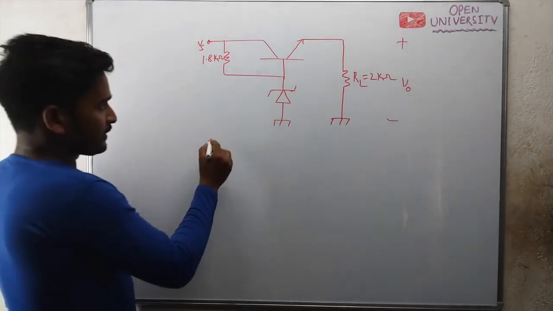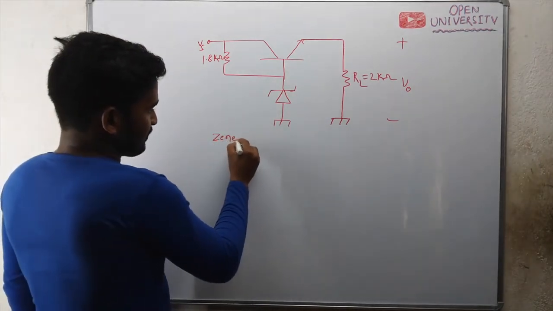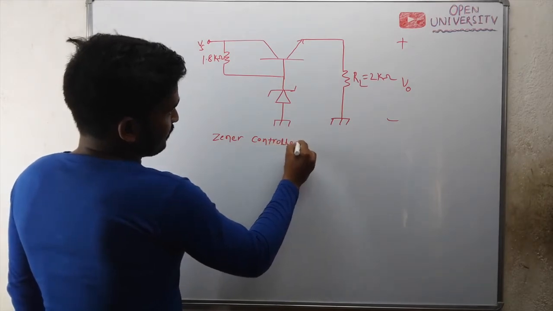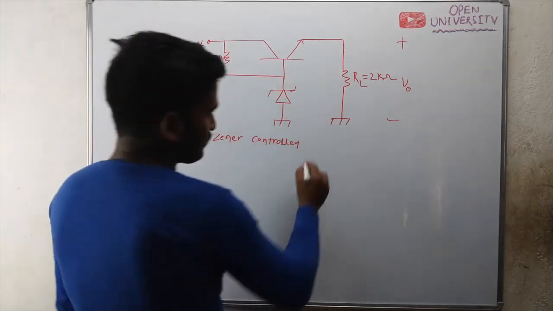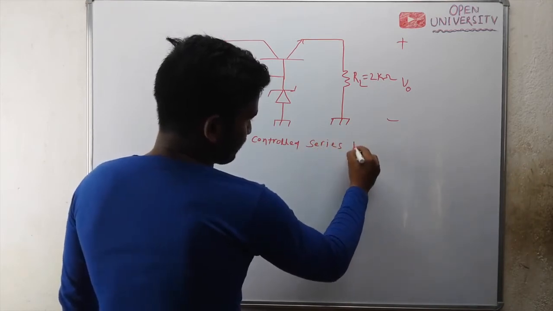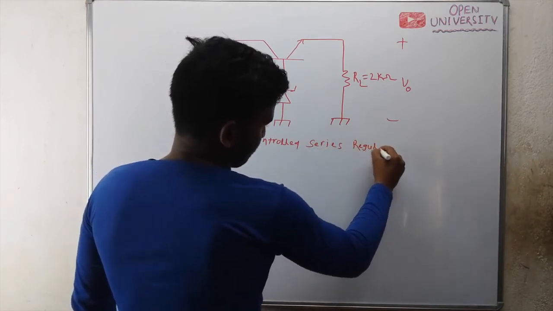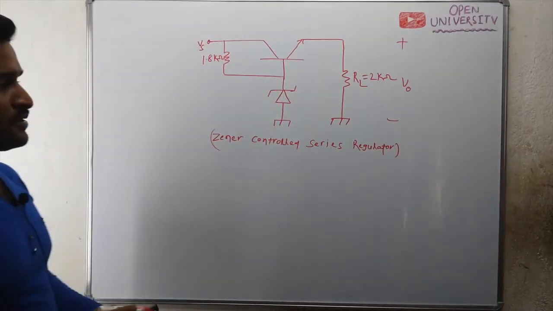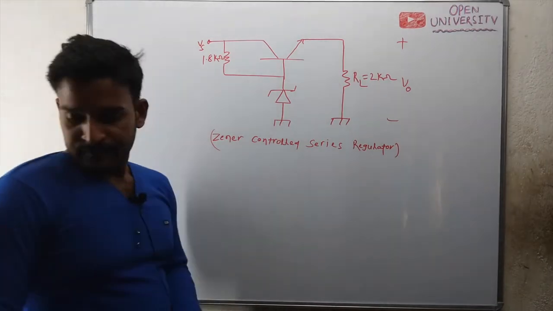This circuit is called Zener controlled series regulator. Earlier it was op-amp controlled, now it is Zener controlled series regulator.